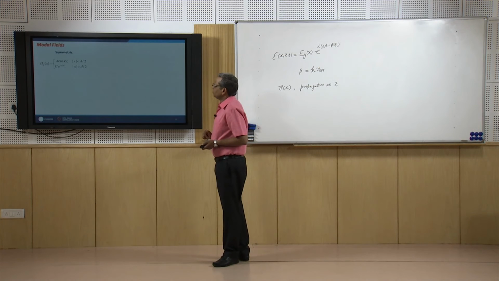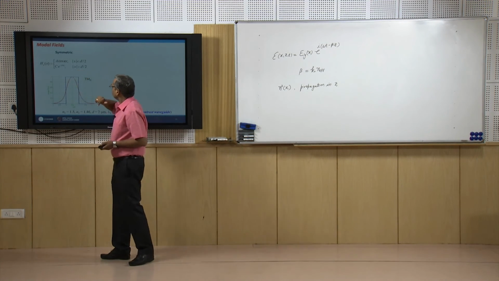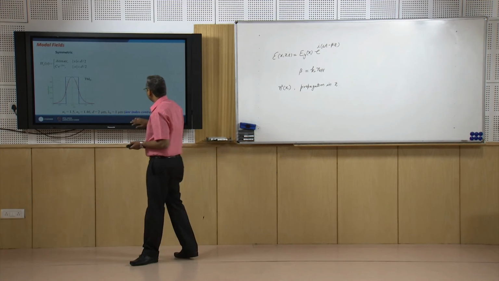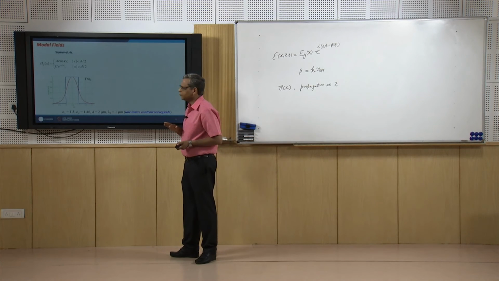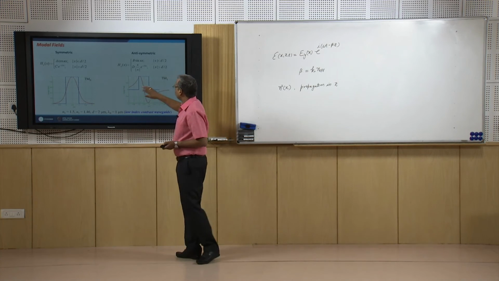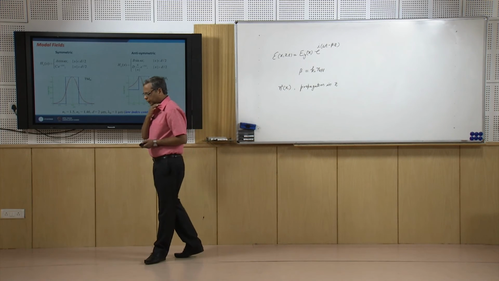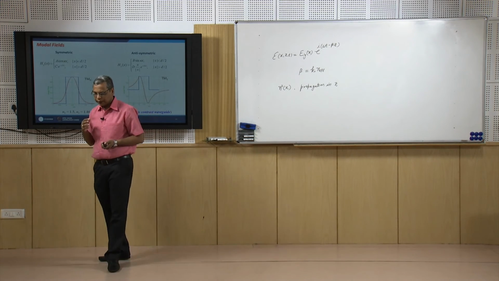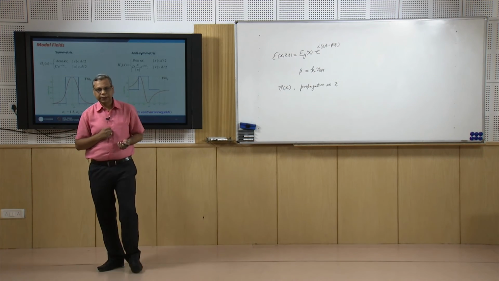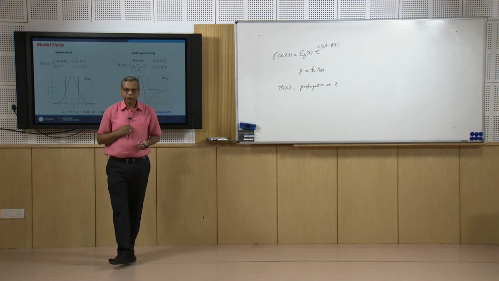Modal fields. If you look at modal fields, then in the same way the modal field for TM0 would look like this. This is for a low index contrast waveguide, and for TM1 mode it looks like this. What I should pay attention to is that in case of TE polarization, Ey and dEy over dx were continuous.